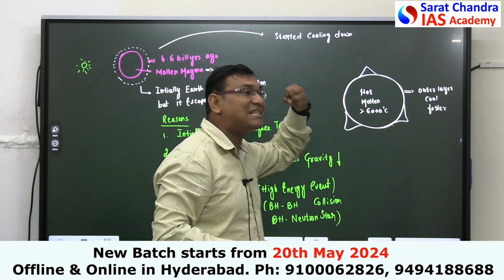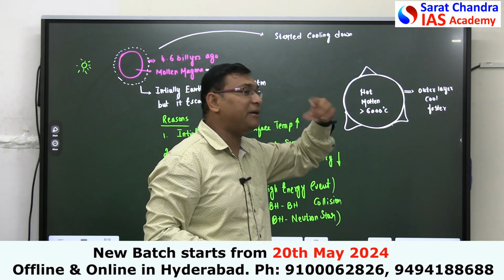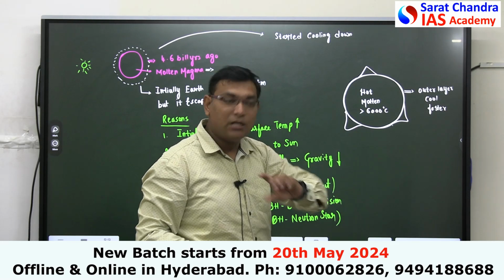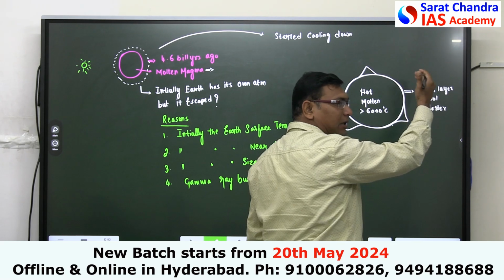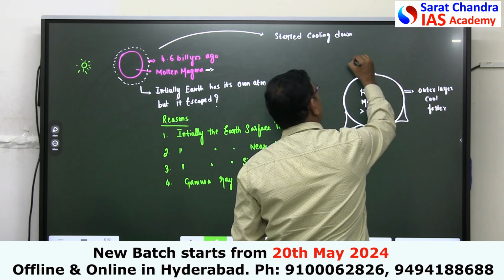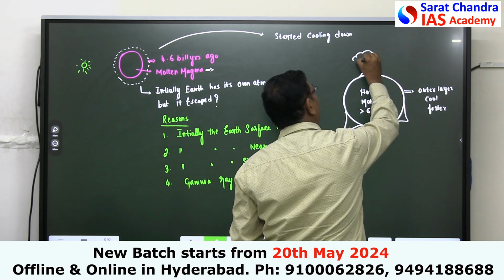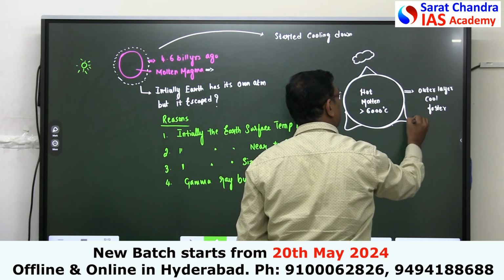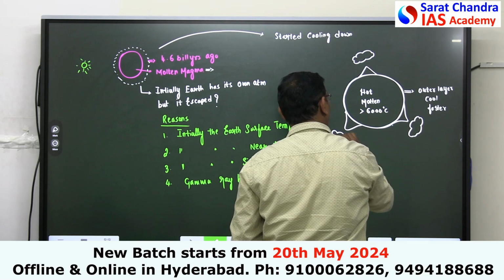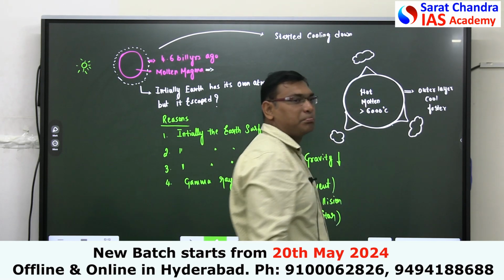This magma burst out because of the difference of temperature and pressure. Is it clear? With the magma there were also gases formed.